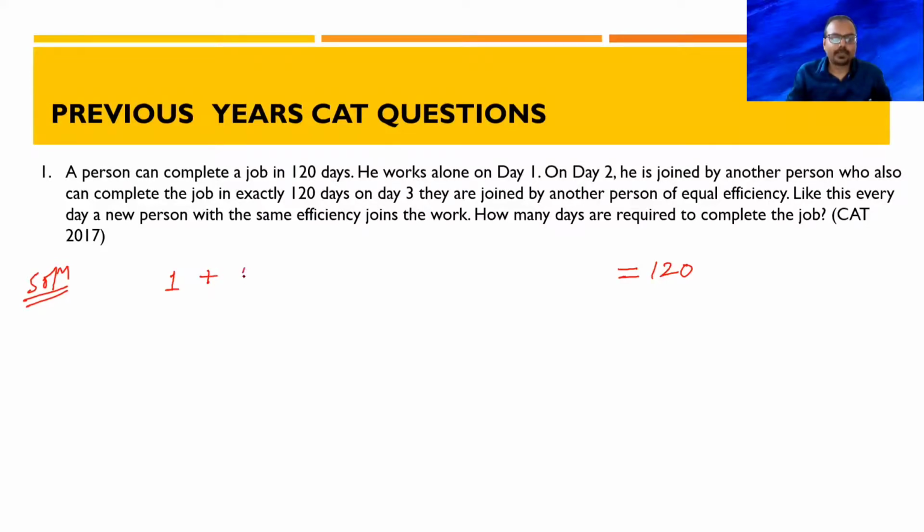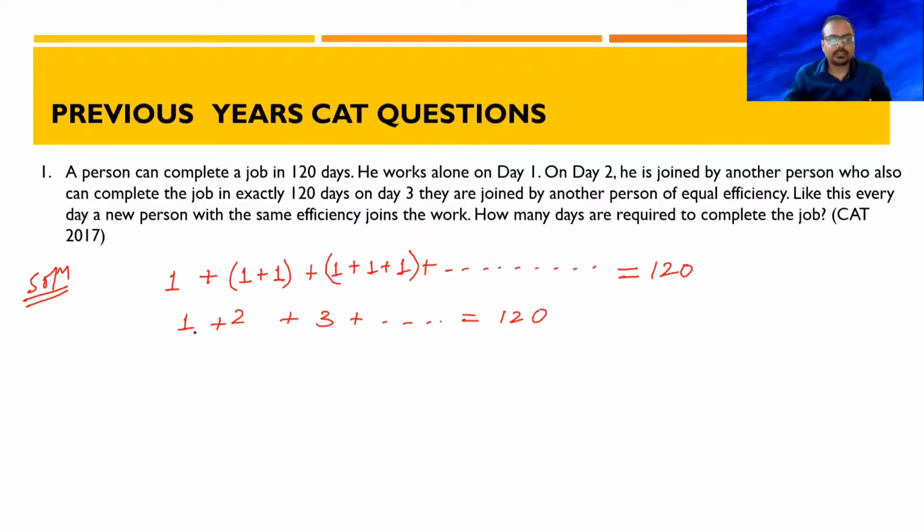Second day, he is going to do 1 unit of work, followed by another person whose efficiency is the same. So second day, 2 units of work are done. Third day, 3 units of work are done, and so on. So that is 1 plus 2 plus 3 plus dot dot dot equal to 120 work.